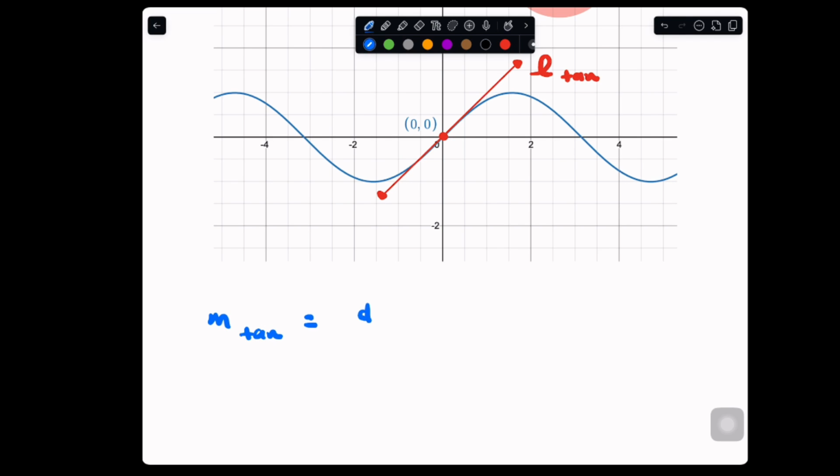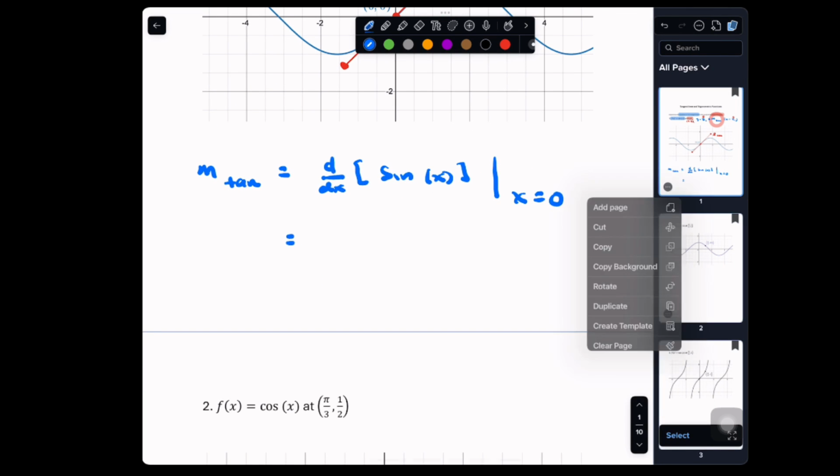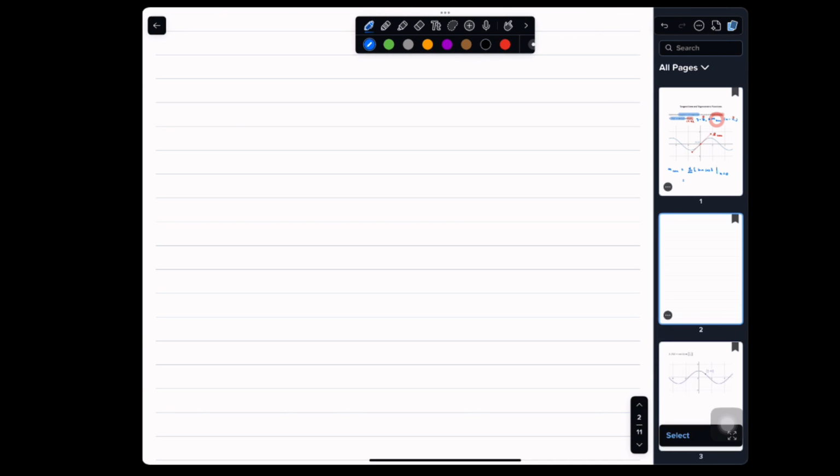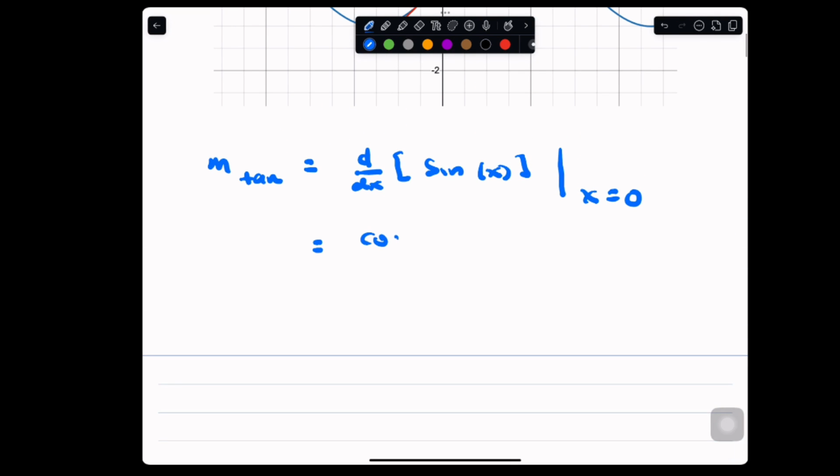So m tangent is the derivative of the sine curve at the value x is 0. So that's the definition. So what's the derivative of sine now? Anybody know the derivative of sine? I think it's cosine. Is that right? Derivative of sine is cosine.